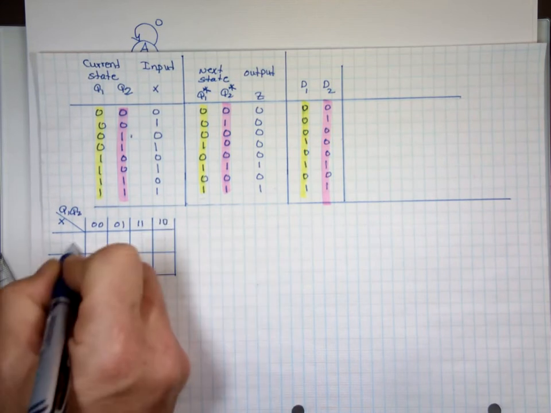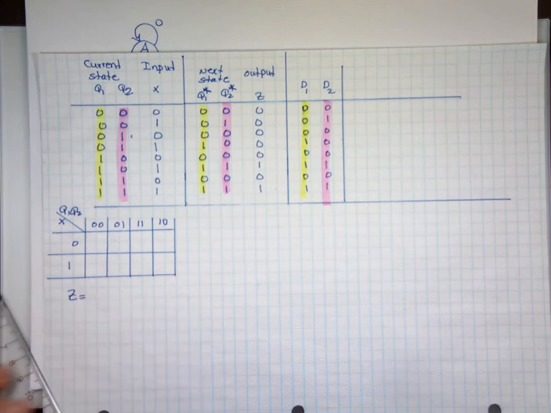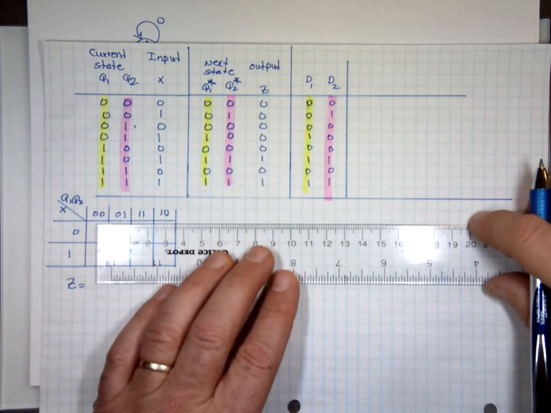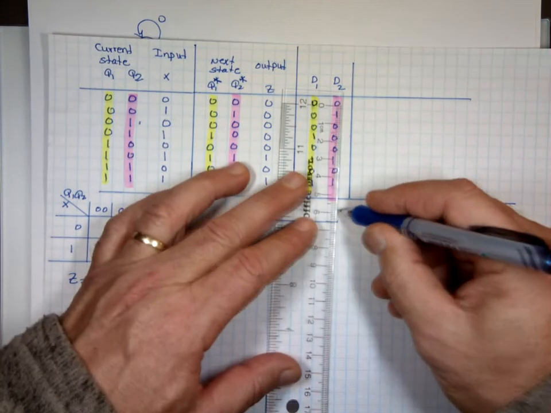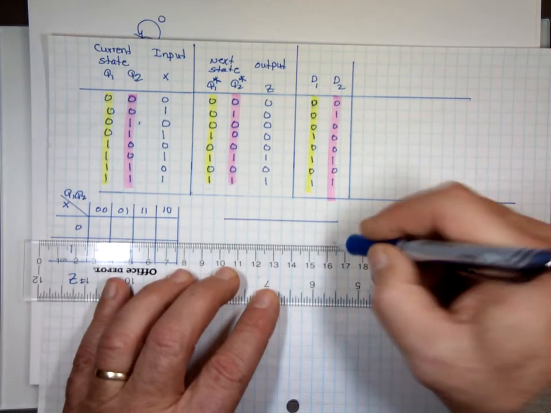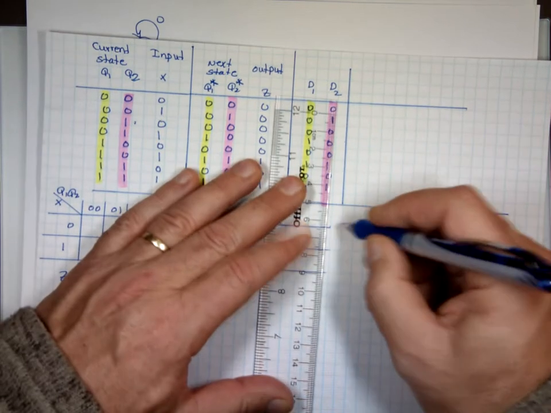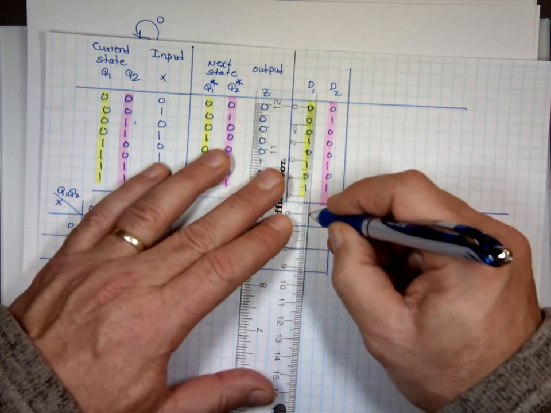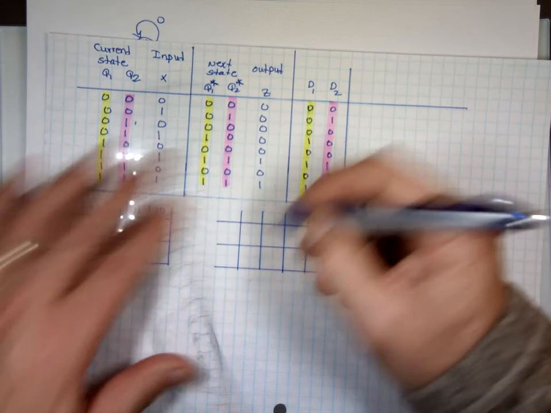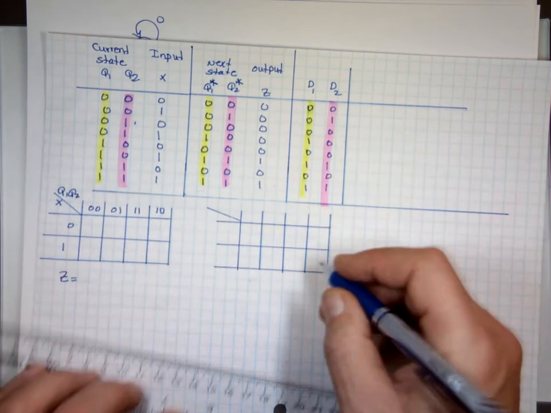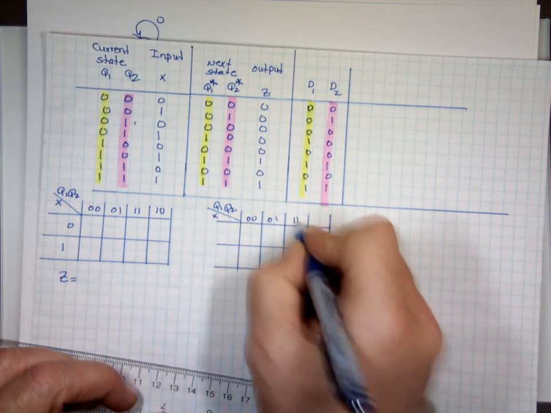So this is for, let's make that for the output Z. And I'll do one just like it for D1 and D2. Q1, Q2, X. That's for D1.